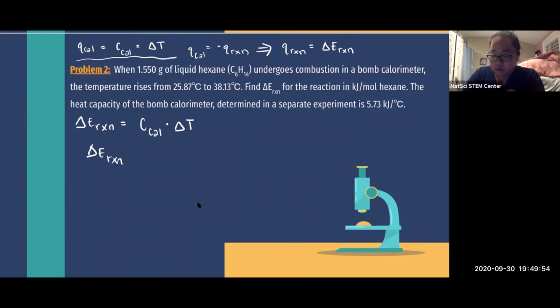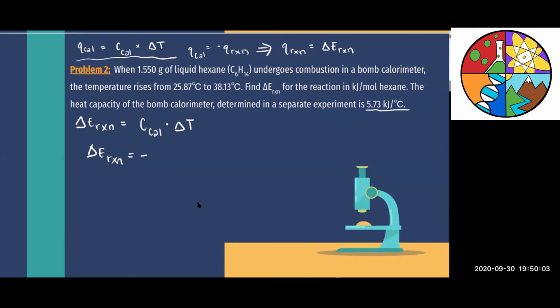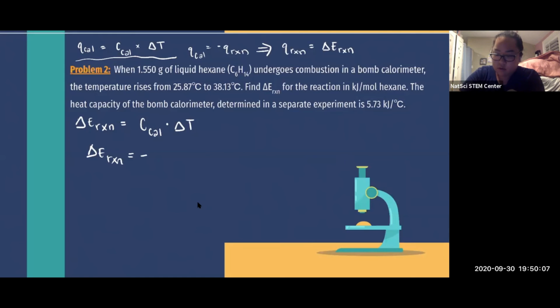So we'll do the delta E first. You know that the specific heat is 5.73 kilojoules per degree Celsius, and you're going to multiply it by the change in temperature: 38.13 minus 25.87.